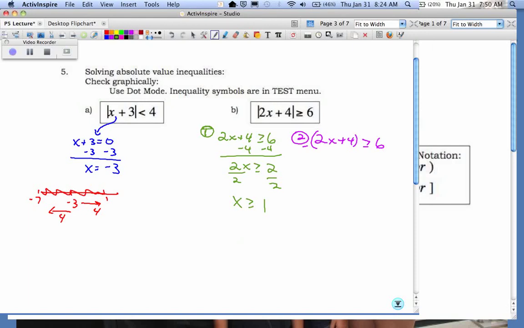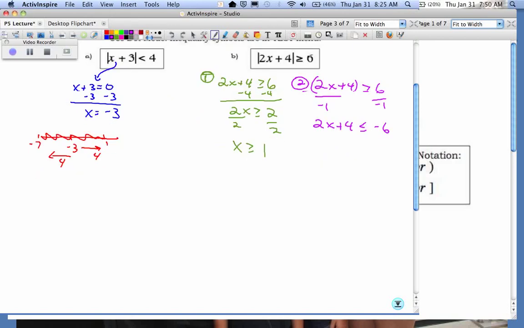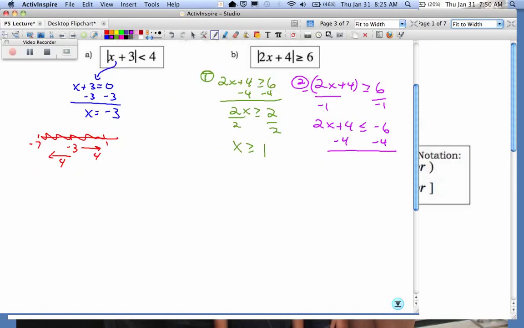The second part, we divide by the negative. What do we do? Flip your inequality. Subtract 4 on both sides. And then divide by 2 on both sides.